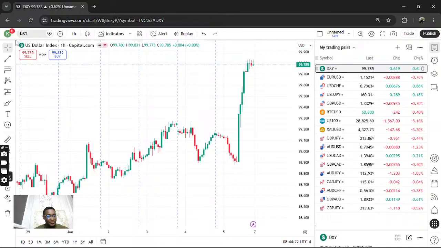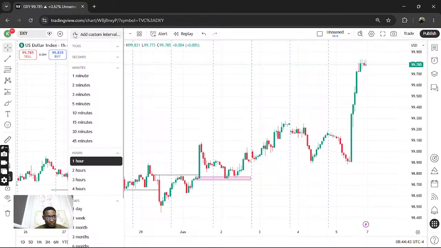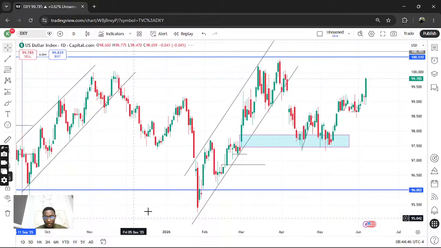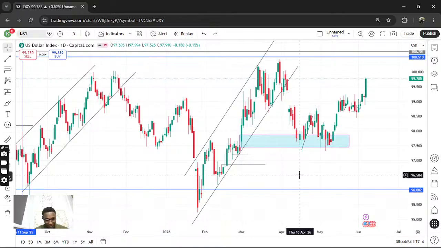So this is DXY. Let's start from daily time frame. Now this is exactly what DXY looks like in daily time frame.